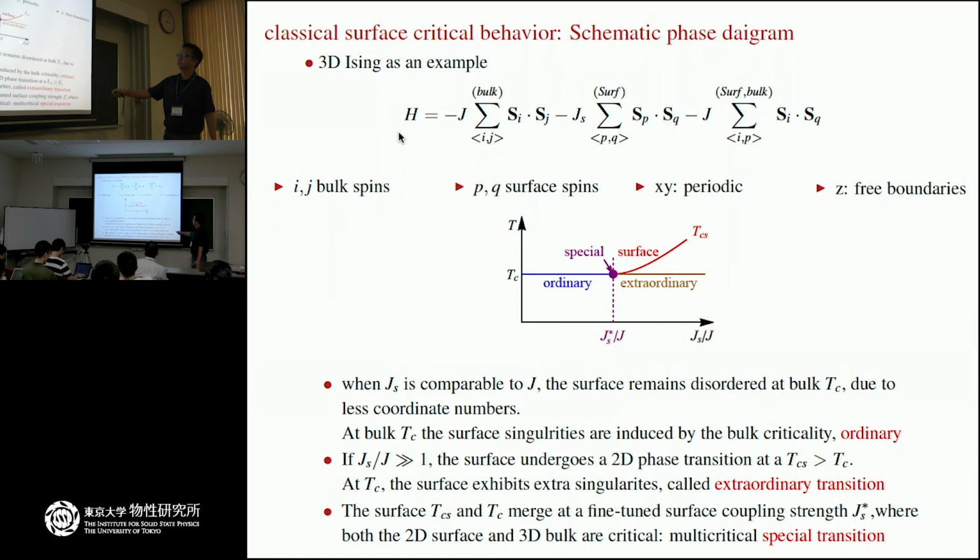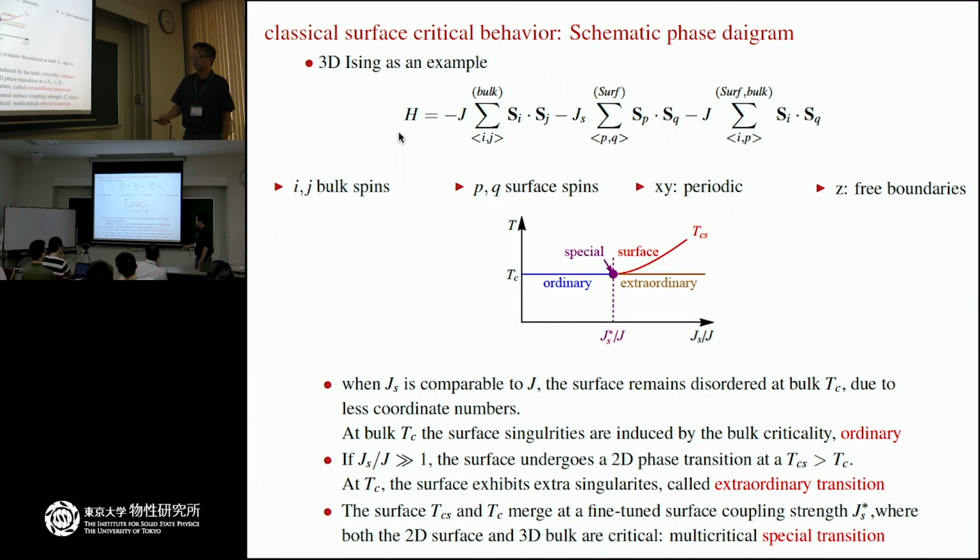In this case, at temperature Tc, the surface exhibits extra singularities, which is called the extraordinary transition here. So the surface is already ordered, but still you can detect some singularities there.